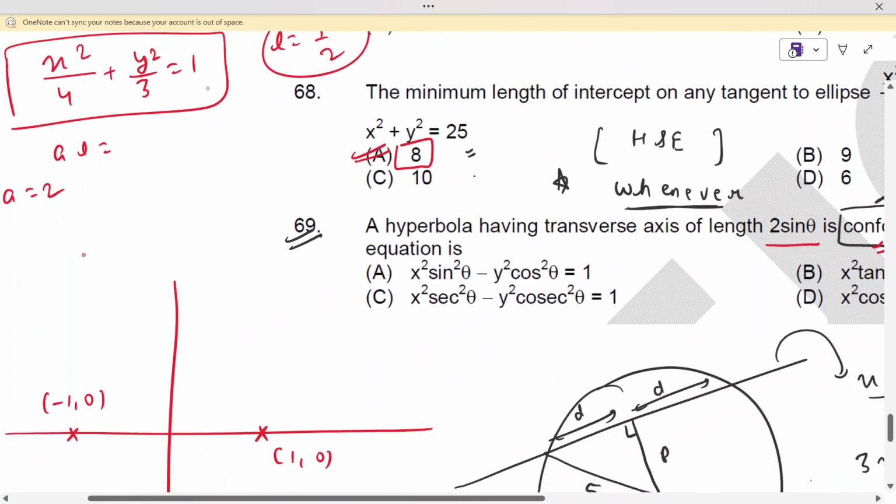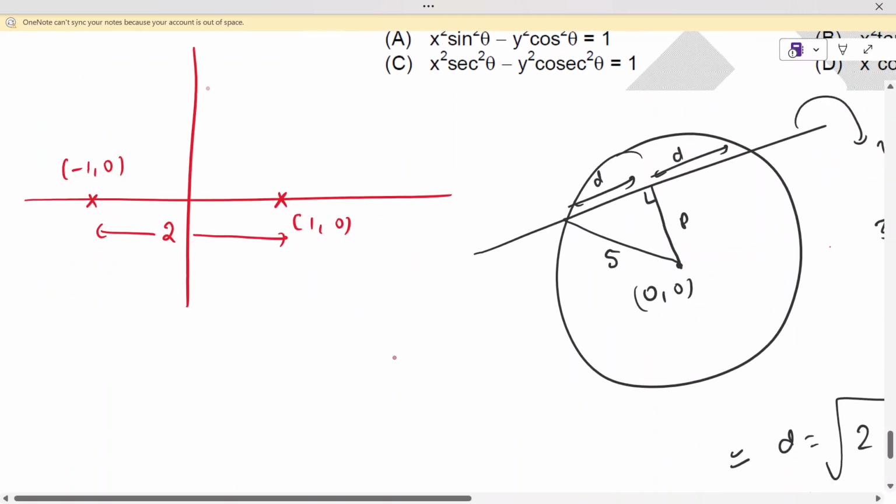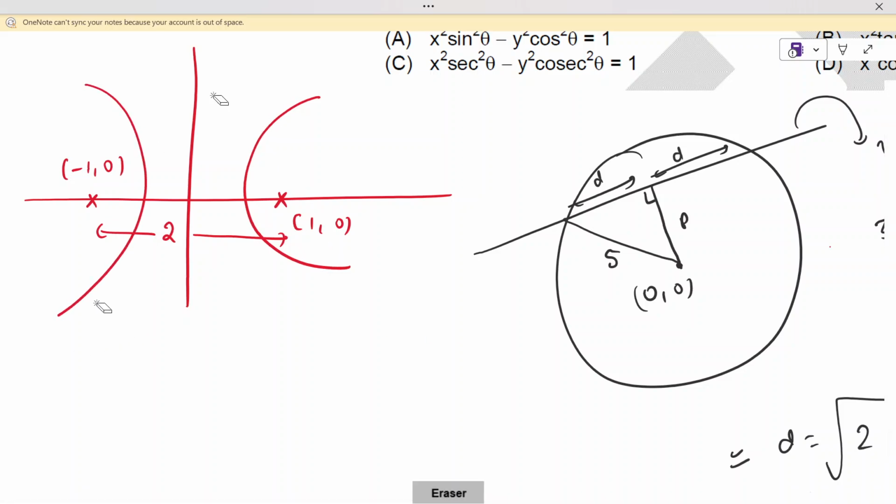Now the transverse axis length. Let's say we are defining our hyperbola. So the vertex should be this way, right? That's the focus, of course, in this way. So the hyperbola should be in this way, right?